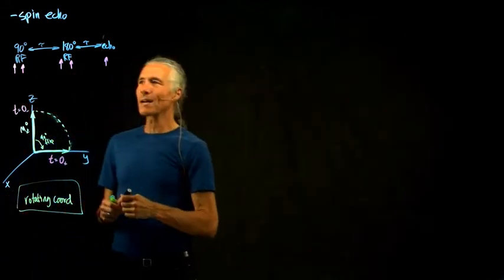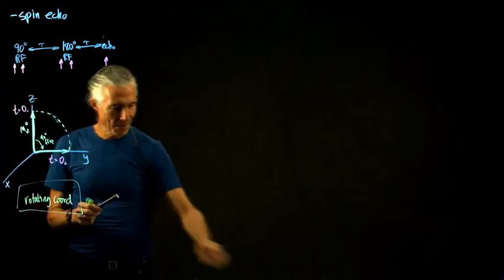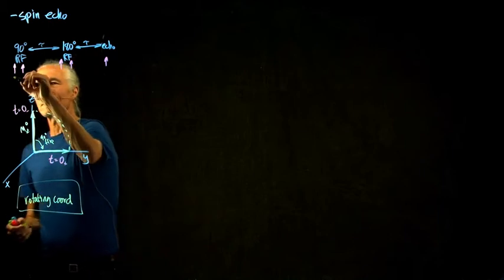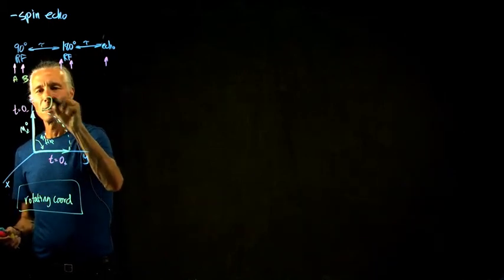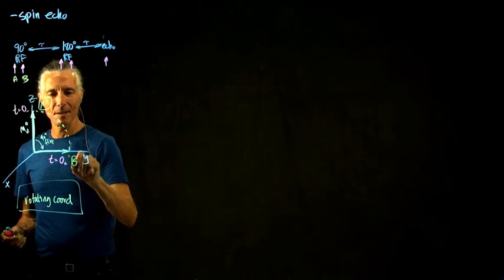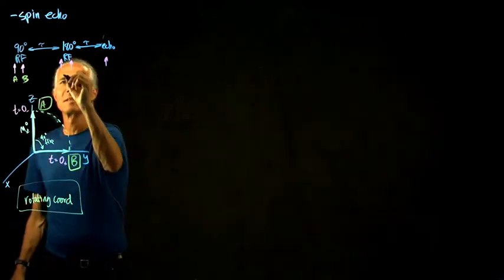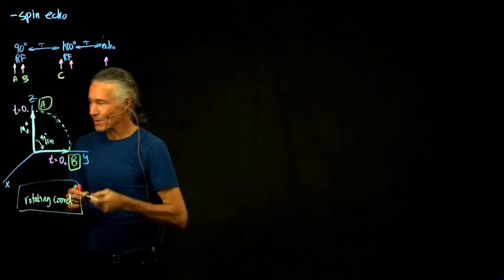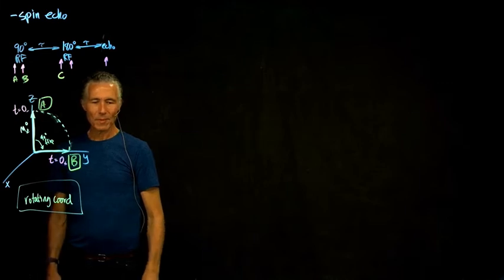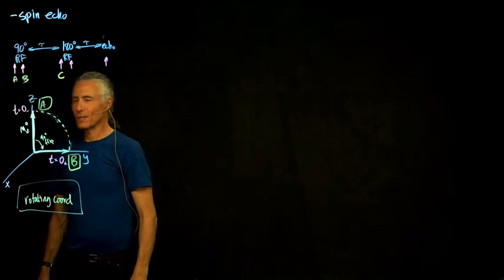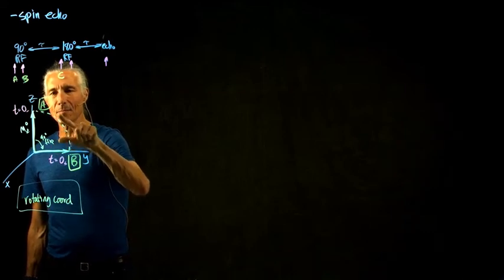Okay, so now what happens? So basically that's this. This was A, B. So here's A, and here's B. Okay, so now let's do C. Now we have to deal with the fact that we've got slightly different B0 fields.